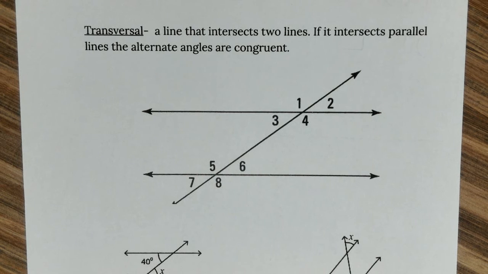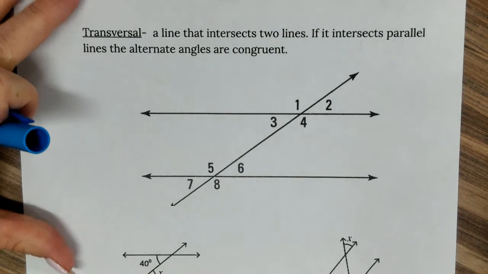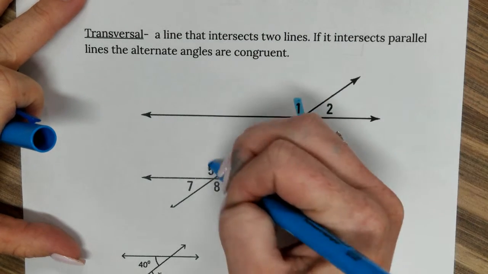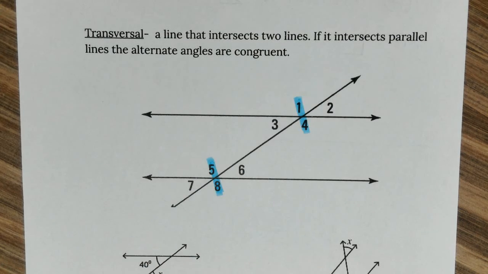Why do we have highlighters? Because all of the obtuse angles are directly across from each other. Look at that. Do you see how they line up? All of the acute angles are also across from each other.